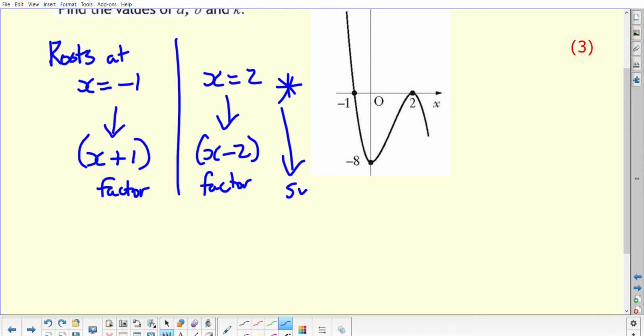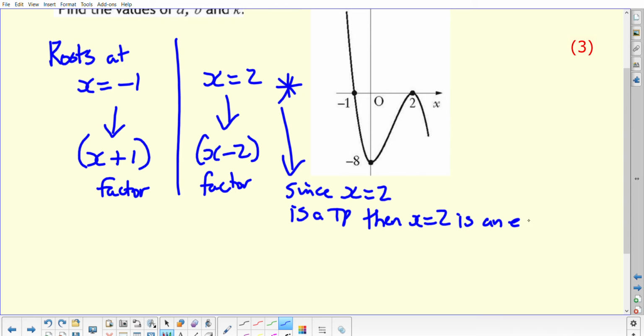Since x equals 2 is a turning point, then it means that x equals 2 is an equal root, and the equal root means that's the one where you get x minus 2 all squared.